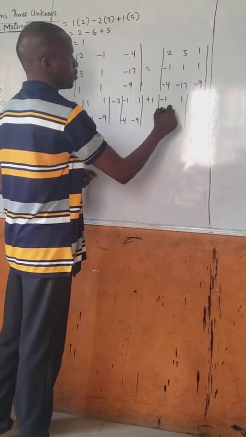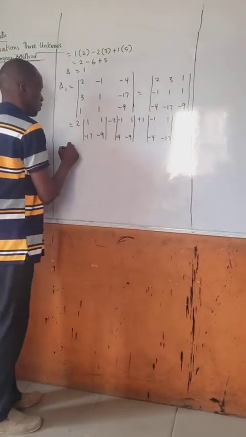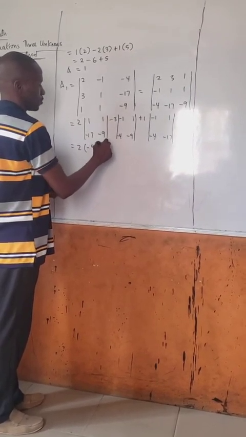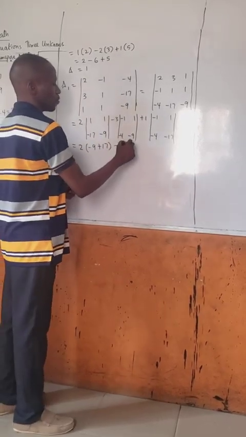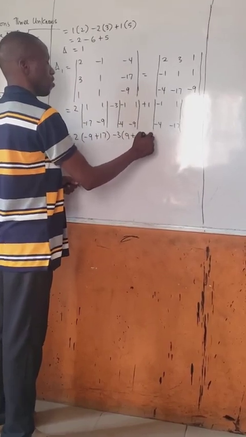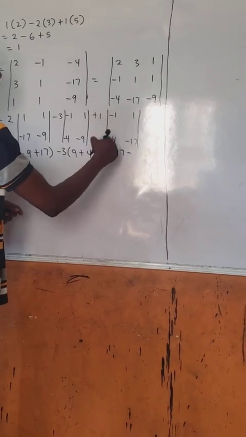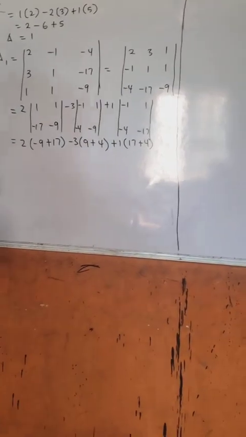Minus 1, 1, minus 4, minus 17. So this gives us 2 brackets, minus 9 plus 17, minus 3 is 9 plus 4, plus 1 bracket 17 plus 4. I hope you are following.